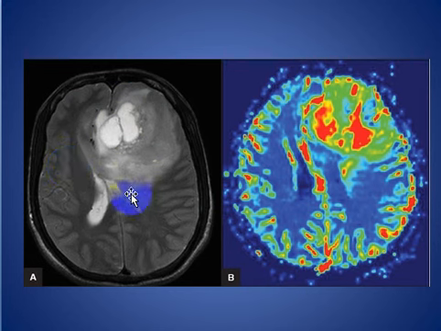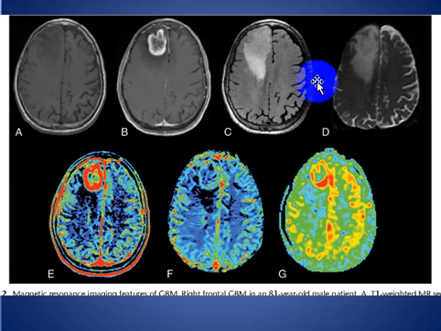Another patient with low-grade glioma with hypovascularity. This patient has a high-grade glioma with increased vascularity, as we see here in the left frontal region. Another patient with increased vascularity in the right frontal region, as we see here and there.